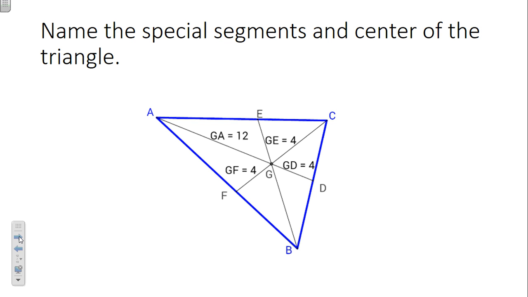I want you to do both. So in this case, he noticed that they're all the same distance away from the side, aren't they? 4, 4, and 4. So if you're equal distance from the sides, that means you bisected the angles. So this is angle bisector.